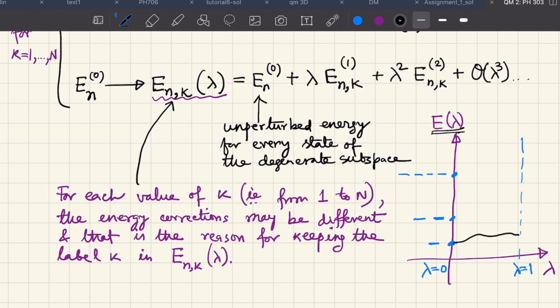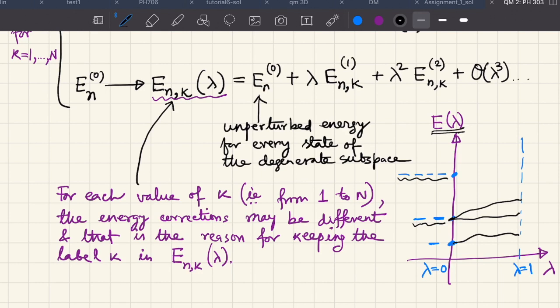But as soon as I apply it here at this stage, which is doubly degenerate, these two states can behave completely differently depending on lambda. So that's what I mean when I say that the energy corrections may be different for different values of k. So here k is 2, and here k is equal to 4.